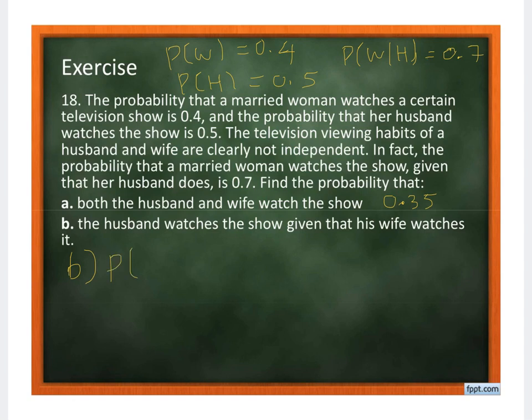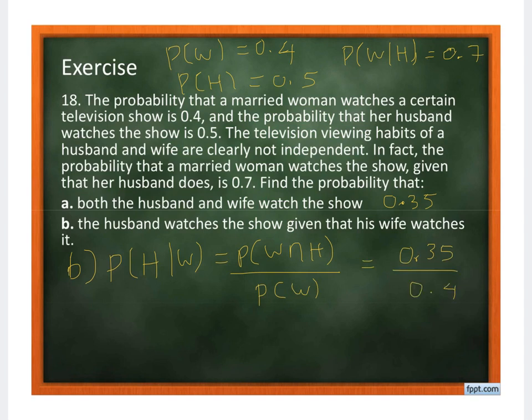Probability of husband given wife watches it equals probability of wife intersect with husband over probability of wife. This one is 0.35, which we found from question A, over 0.4 for the wife. So it equals 0.875 for letter B.